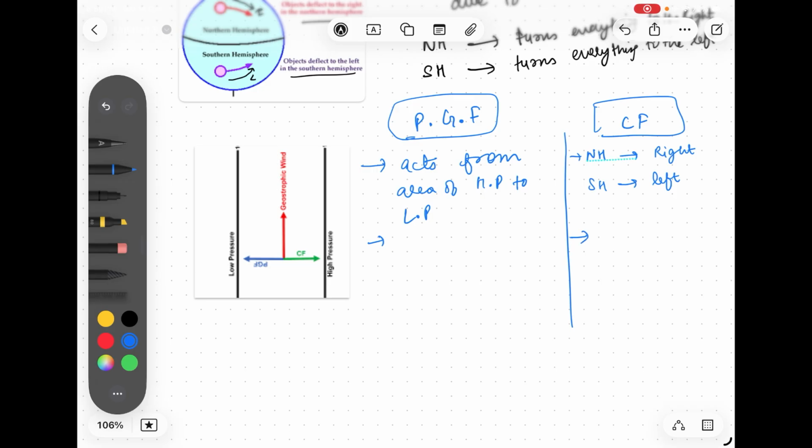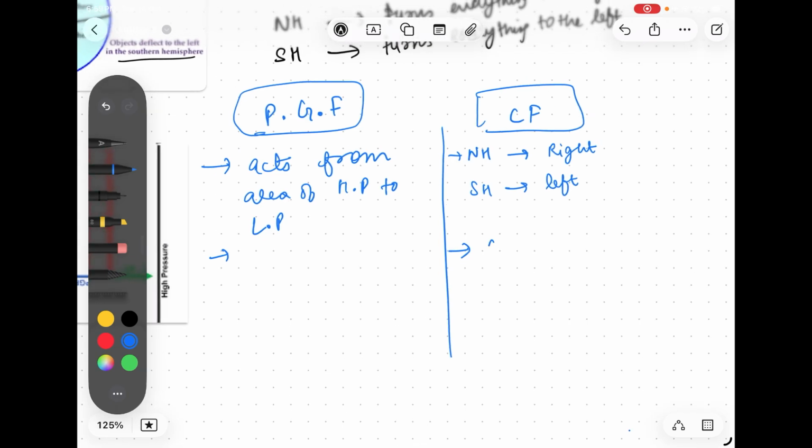Okay, now higher the pressure gradient force, higher the wind speed, that we've already discussed before. Now for Coriolis force there is a formula that I'm going to write. You don't have to remember the formula, just remember that there is a formula and 2-3 things that we need to focus on. So this is the formula, that is 2 rho v sine theta.